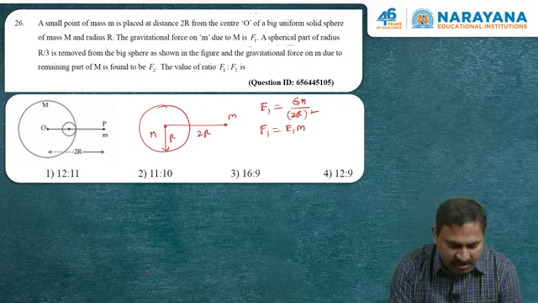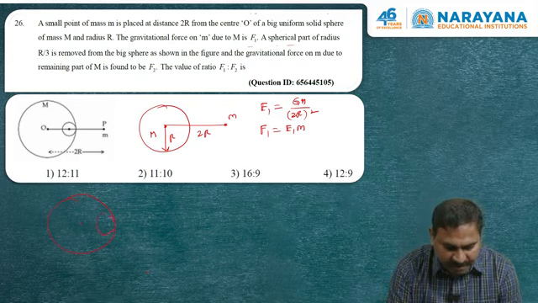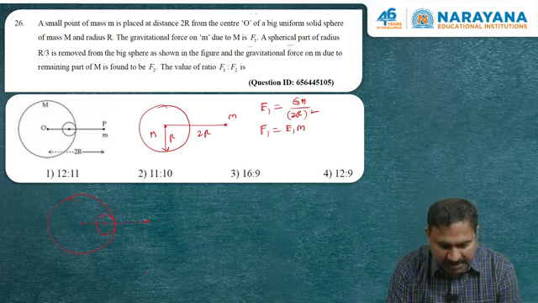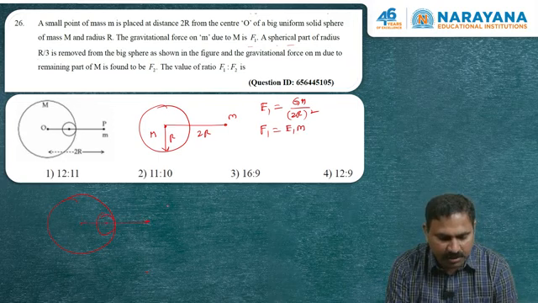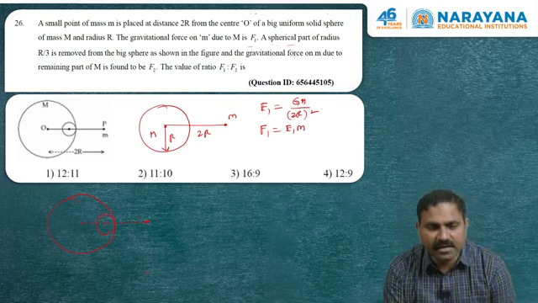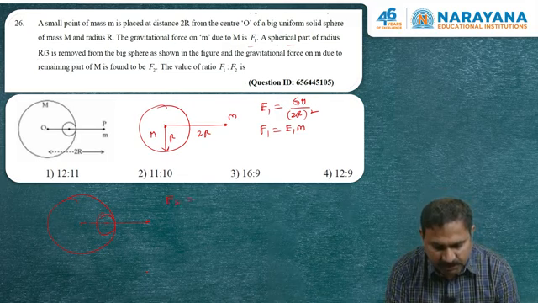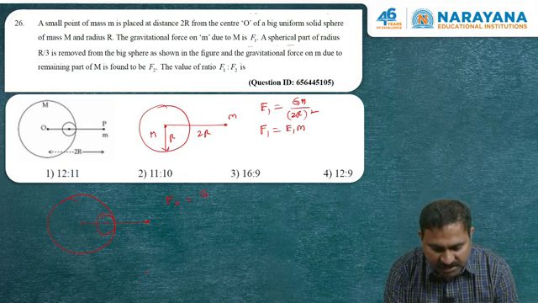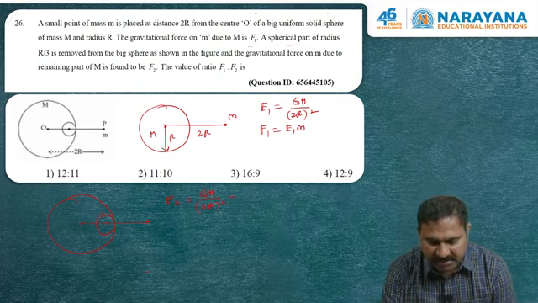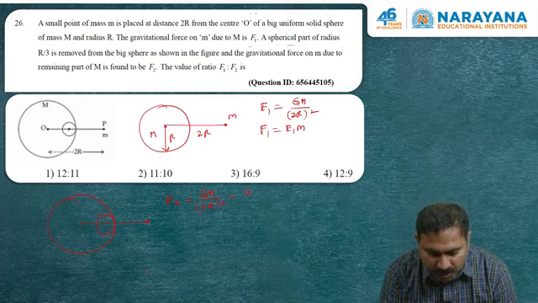Now, when some part is removed from the sphere, the field at the same point due to the remaining sphere is the vector sum of the field produced by the original sphere and the field produced by the removed part. If it is E2, the field of the original sphere is GM by 2r square as usual, minus the field due to the removed part.